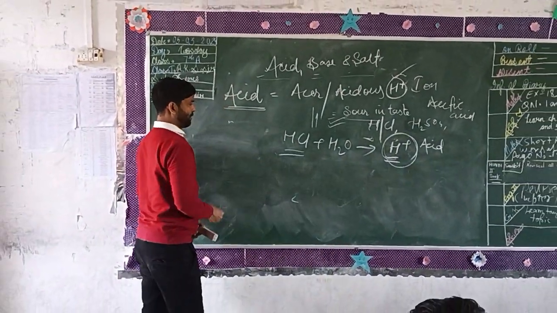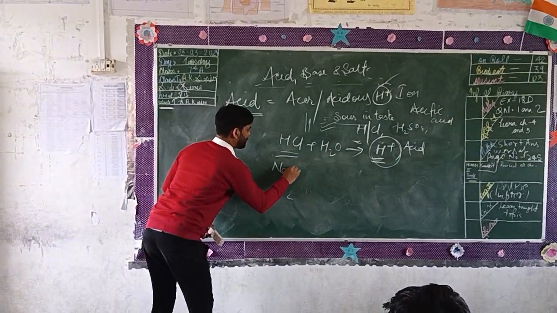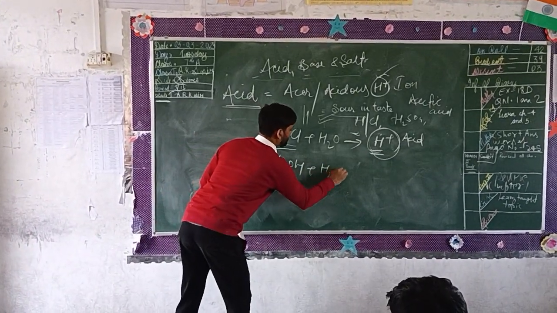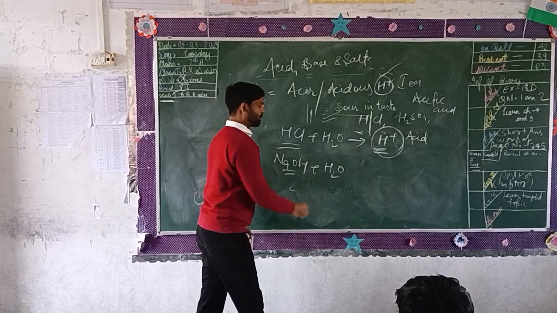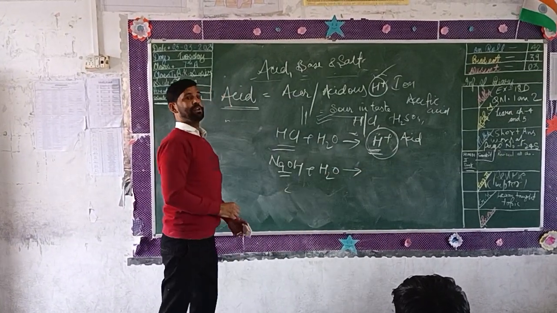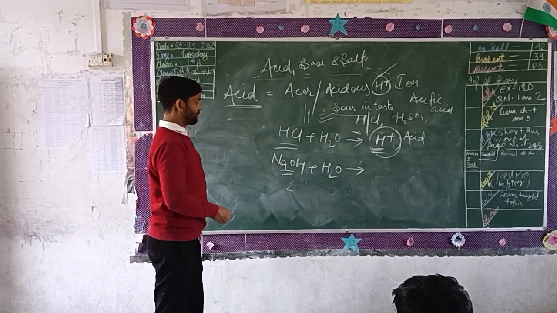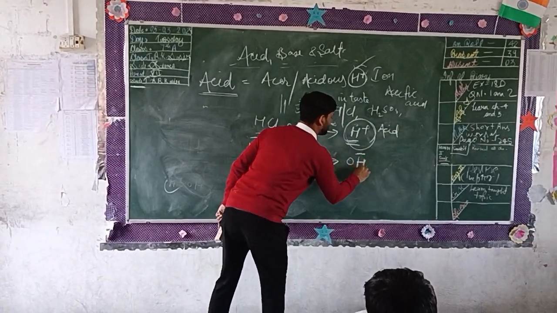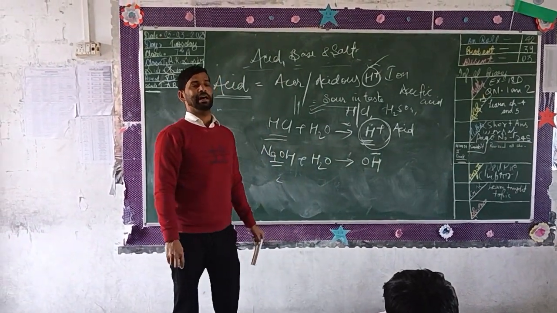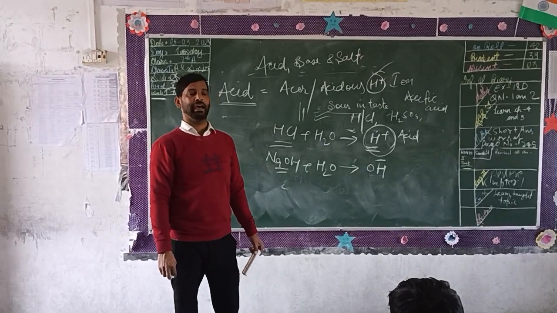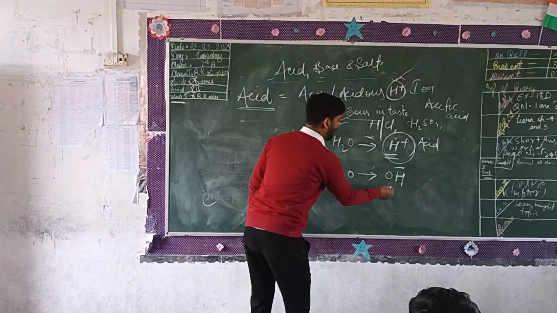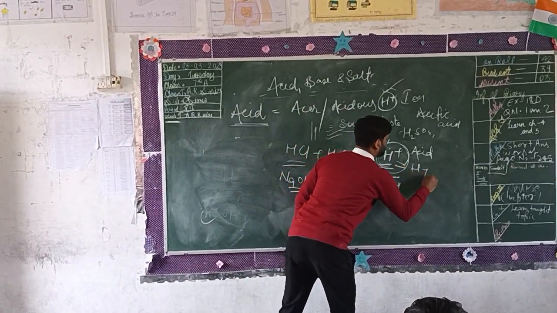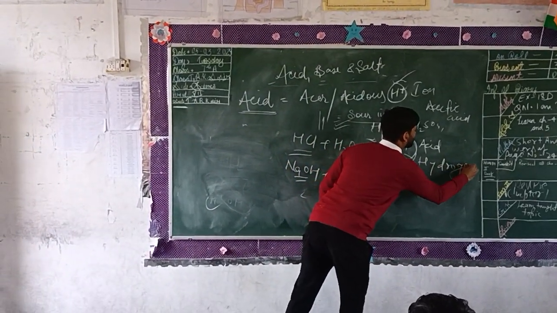Now next, if we dissolve any base into water, what will take place? The formation of OH- ion, that is hydroxy ion or hydroxide ion. What is it? Hydroxide. And this one is hydrogen.